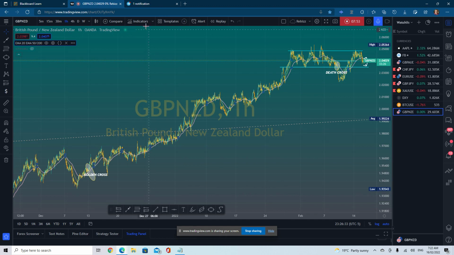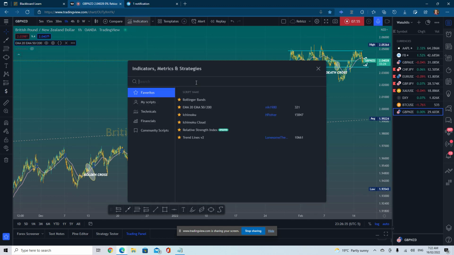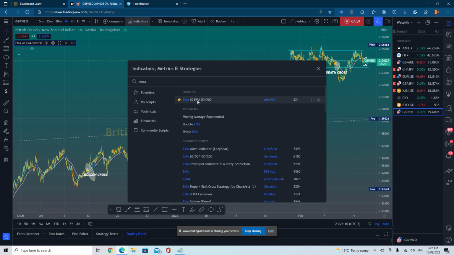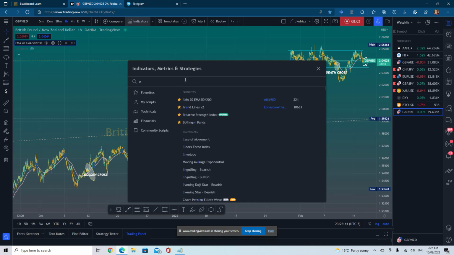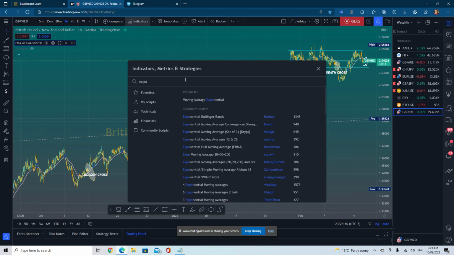And for you to do that, you just have to come to indicators and type EMA, or just type exponential moving average. Others have customized it, but you can just decide to use moving average exponential.